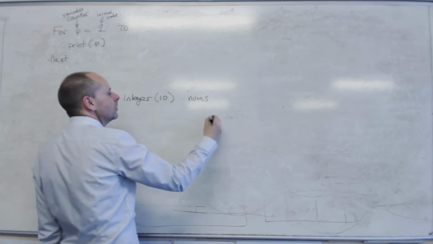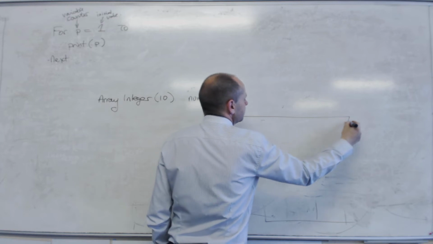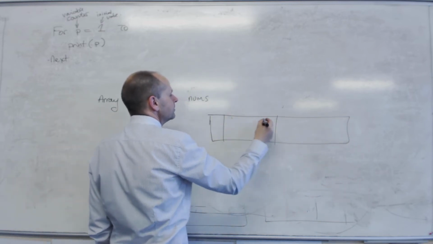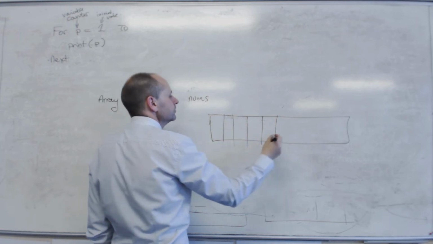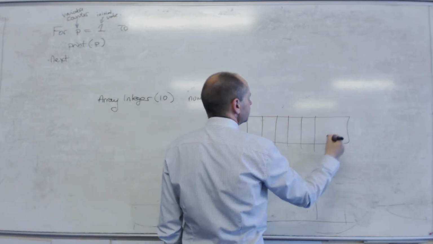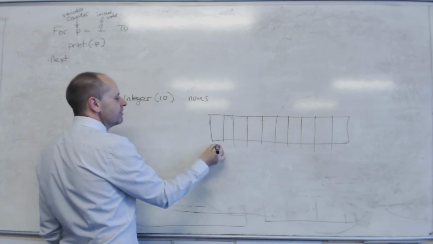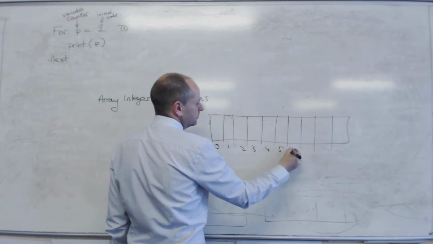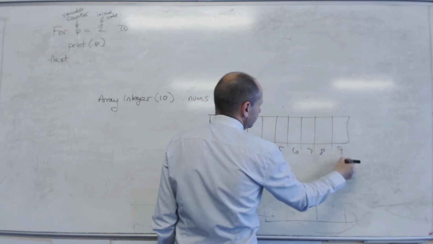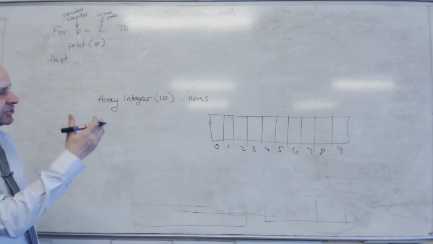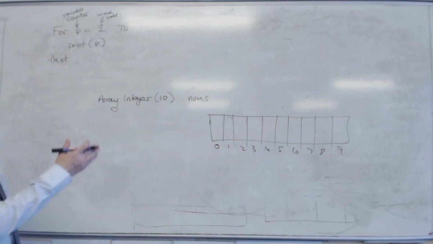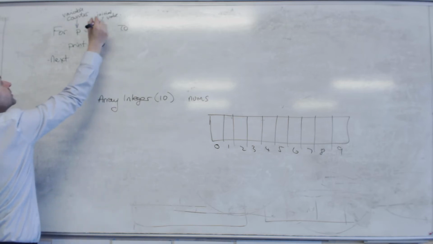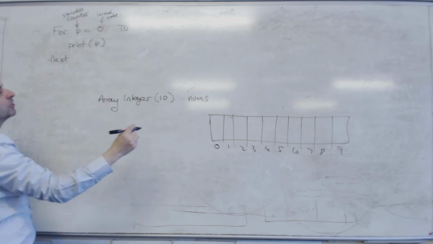So if we were to draw this, consecutive memory locations, zero indexed in an array. Okay, so there are 10 items, so that's 0 to 9. So if we want to process this array, we need a loop value that starts at 0 and goes up to 9.